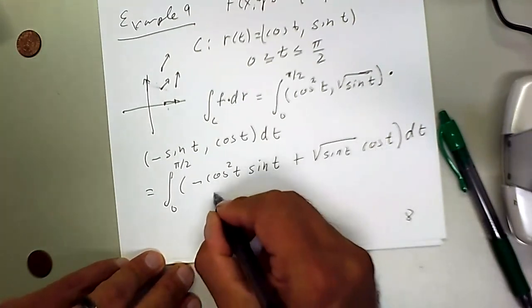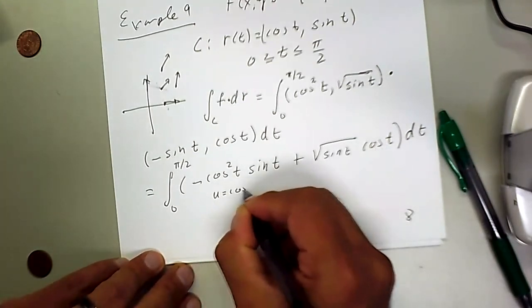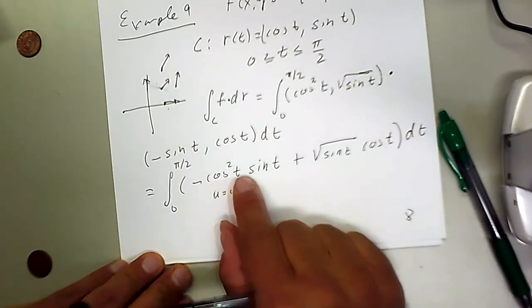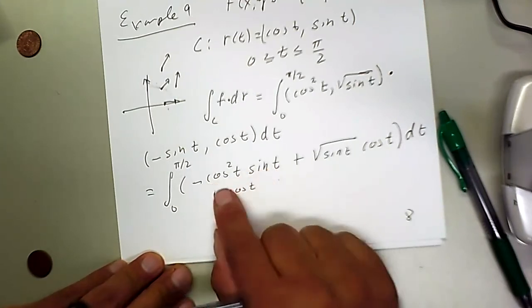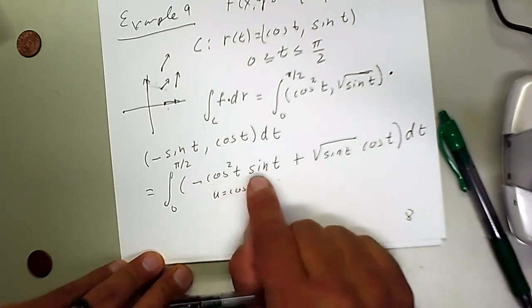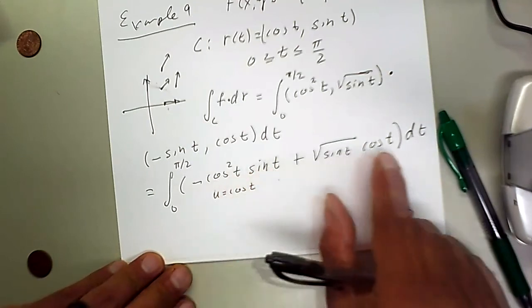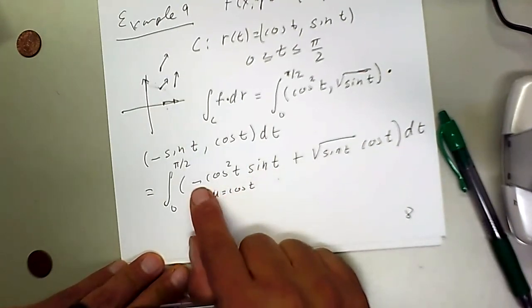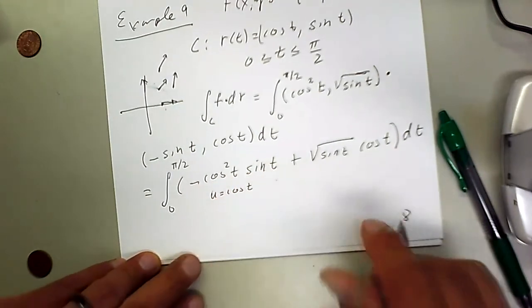If u is cosine of t, then we will have u squared, and the negative sign actually works really well. We're going to end up with du, negative sine dt, because the derivative of cosine is negative sine, and we already have it.